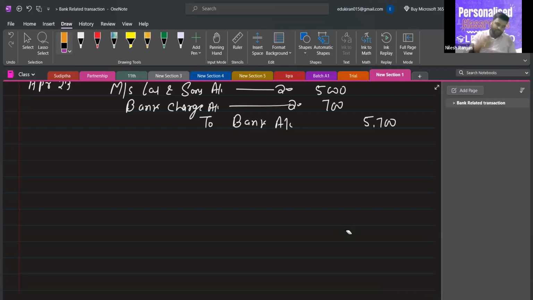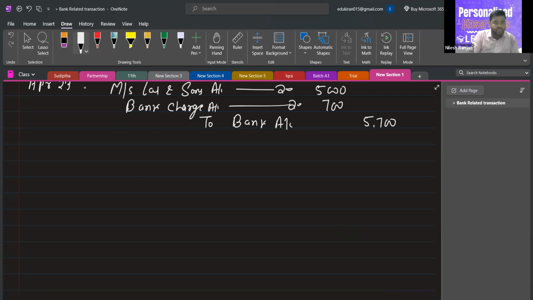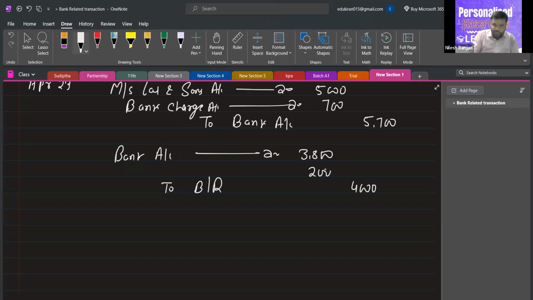So that's why it charged money from us for this service. So we discounted a bill from the bank. So the entry will be bank account debit because we will receive money from the bank. It is 3,800. And we have given a bill to the bank for rupees 4,000. So this 200 is discount on bill.